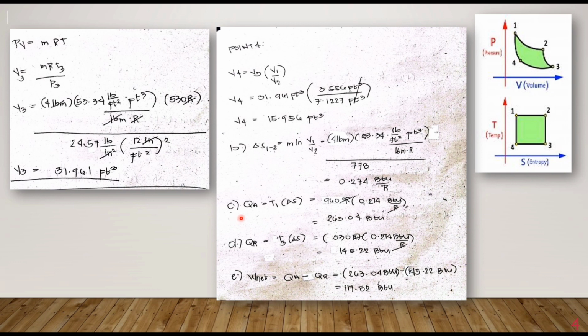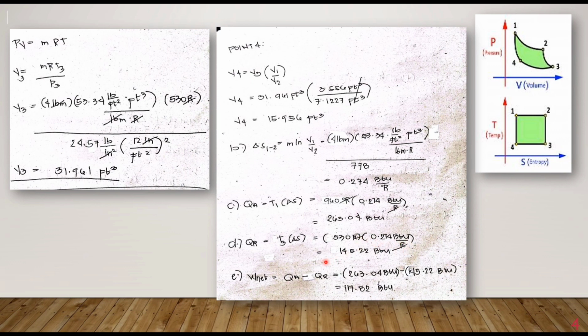For our C, we have QA is equal to T1 times change in entropy. So we have 960 degrees Rankine times 0.274 BTU over R. So cancel the same unit. So we get 263.04 BTU. And for our D, we have QR is equal to T3 times the change in entropy. So we have 530 Rankine times 0.274 BTU over R. Again, cancel the same unit.